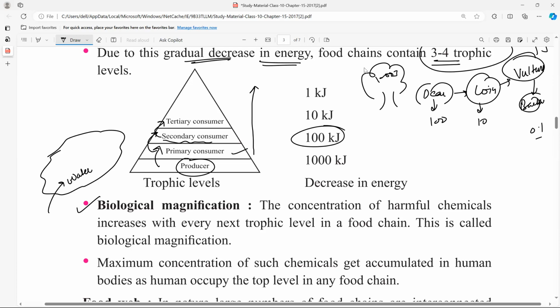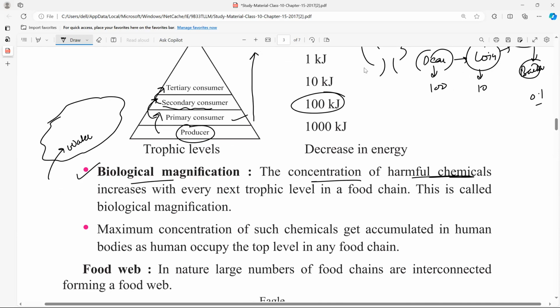So as we keep on moving to the higher level, the concentration of the harmful chemical increases, while the energy level decreases at the next trophic level. Like we are polluting the rivers by adding harmful chemicals, this water is drunk by the fish and aquatic animals, and when we eat those aquatic animals like fishes, the concentration of the harmful chemical will increase in our body more than in the fishes.